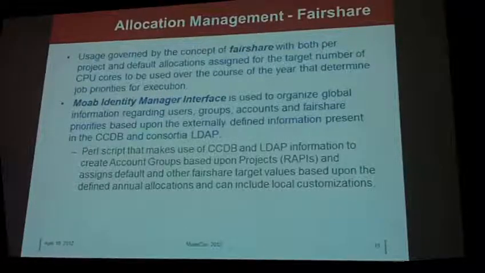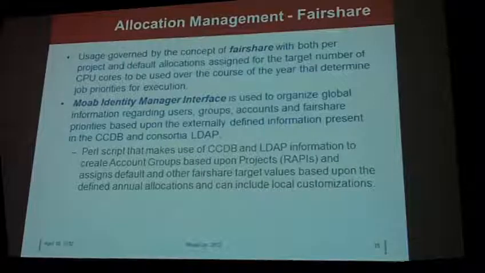And for that, we tie into the Moab Identity Manager interface. We have an external database that has all the reference points for allocation resource usage. From that, we connect and use our own individual databases in LDAP through a Perl script that we've used in conjunction with other consortia such as WestGrid, which you may have heard of, or SHARCNET.